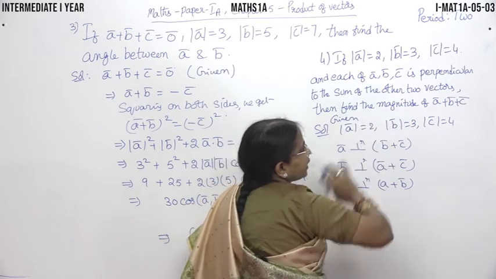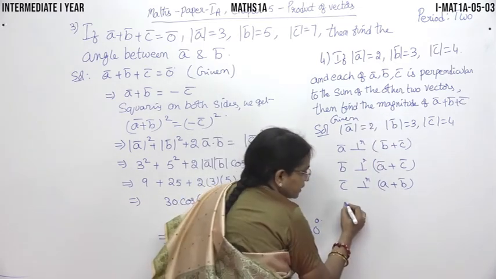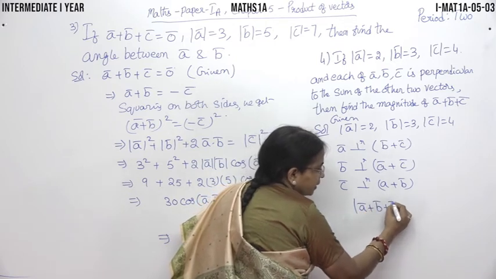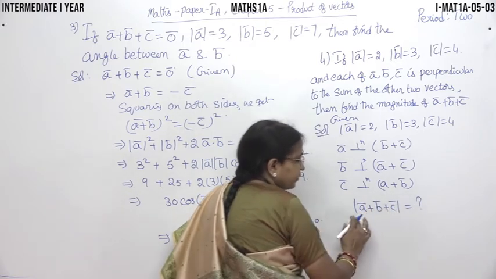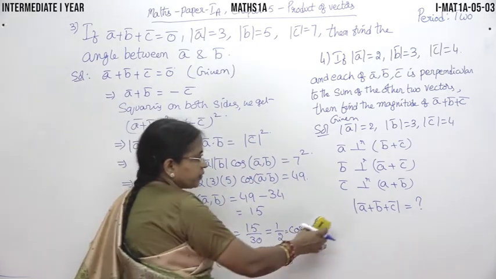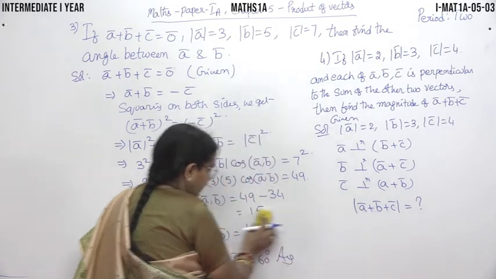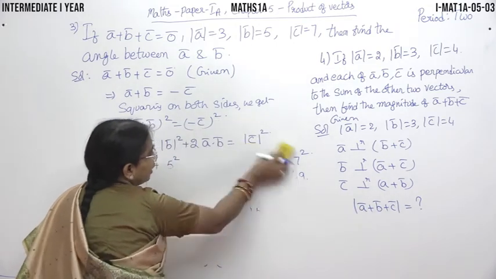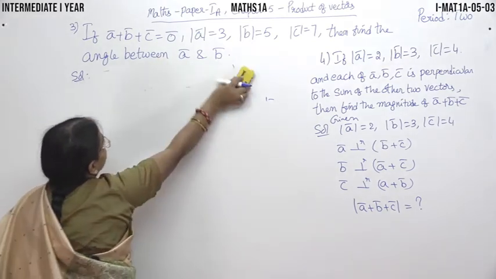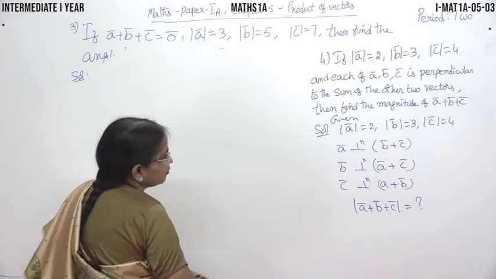You must find the magnitude of A plus B plus C. That means you must find the modulus of A plus B plus C. So to find the modulus, as I said, you will first square it, find that value, and then find mod A plus B plus C. So what is given?